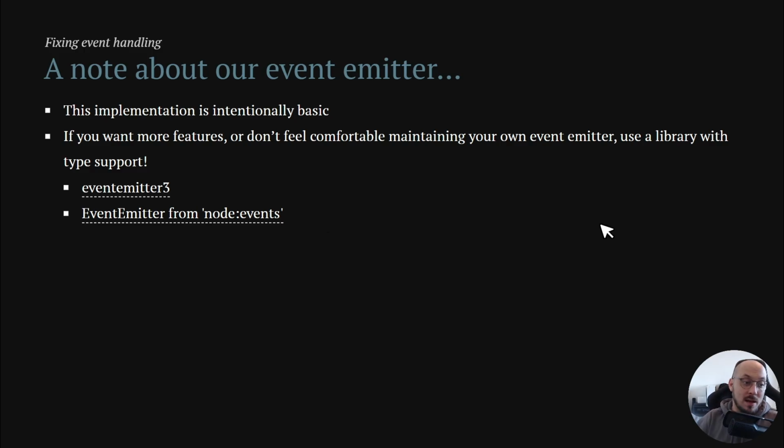I highly recommend EventEmitter3, and even the base EventEmitter from Node.js is really good. You should be able to do the same patterns that we're going to be doing using that as the backbone of your API. If you want something compatible with both Node and web, EventEmitter3 is a fantastic choice.